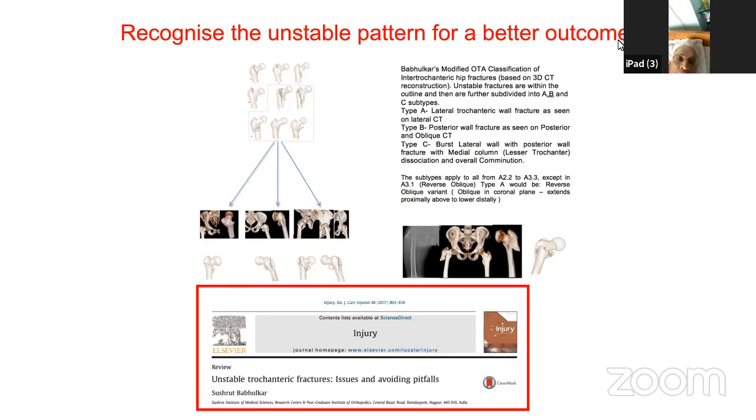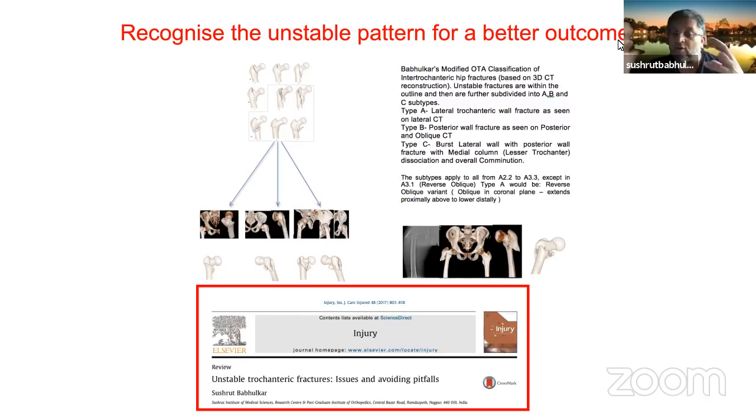There are innocuous looking fractures on X-ray, but a CT scan will tell you whether the lateral wall is deficient or not. It need not be broken all the time. It can be deficient. It will show whether the posterior medial fragment is involved, whether there is comminution or not, and the last, type C, which we have designed, is a burst kind.